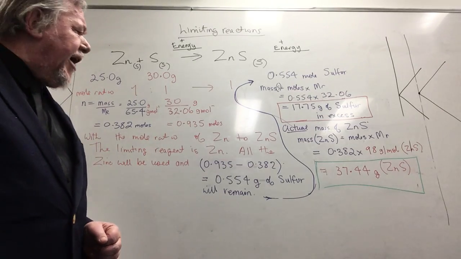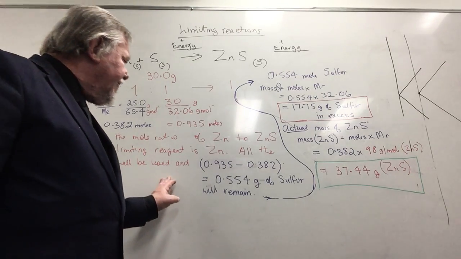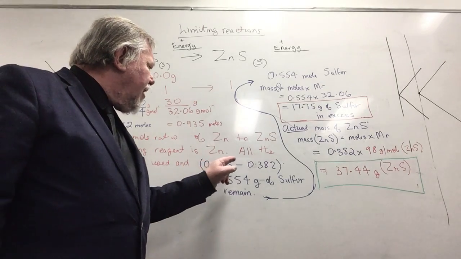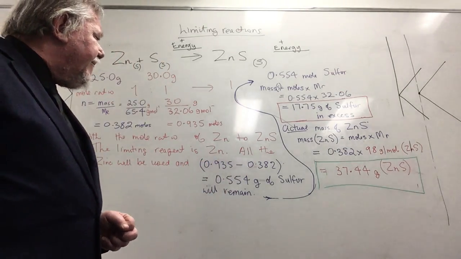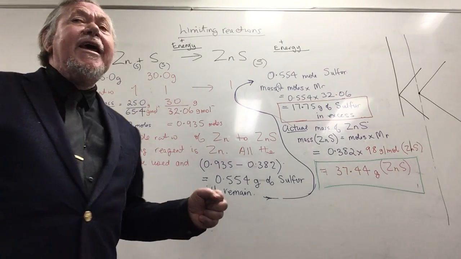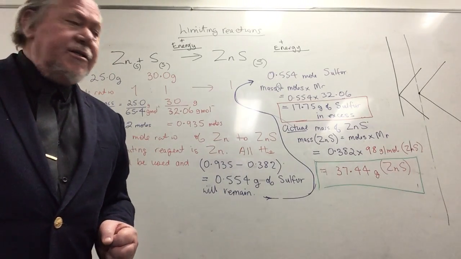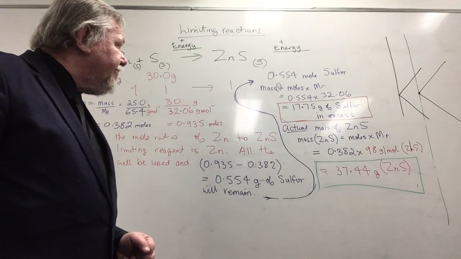So let's have a look and see how much is left over. If we have 0.935 minus 0.382, we'll end up with 0.554 moles of sulfur in excess. Okay, so that'll be remaining.